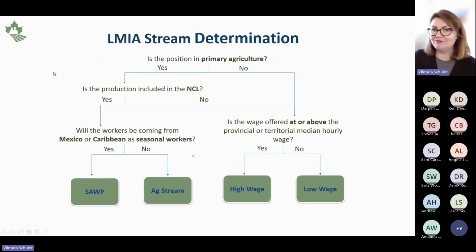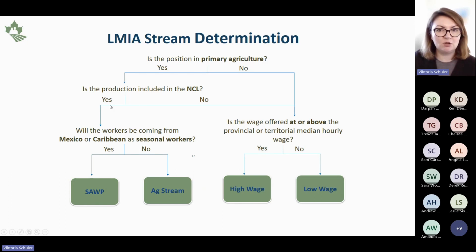And this is just a flow chart that hopefully will help you to determine your stream. So first, we need to figure out if the position is in the primary agriculture or not. If the production is included in so-called national commodity list, there is this information that is available on the website as well. Like one thing that is known, but not everyone knows, like I'm based in Saskatchewan, so it affected a lot of farmers over here.